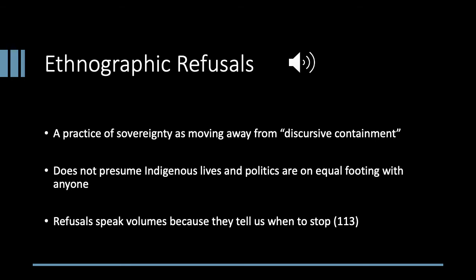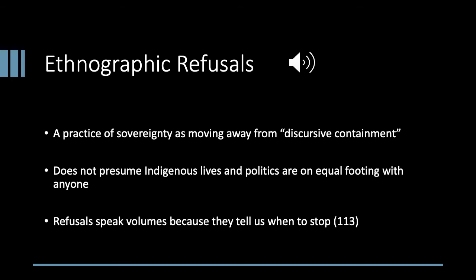We can also think about containment as a colonial policy, the limiting of indigenous peoples to reserves and reservations, depending on if you're in Canada or US, which term you would use. Right, so her idea is that it's enacting sovereignty as a move away from fixing people in space and within timeless traditions imagined as part of a more authentic past that's now being lost.